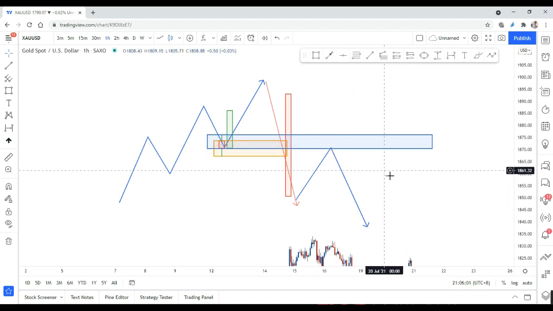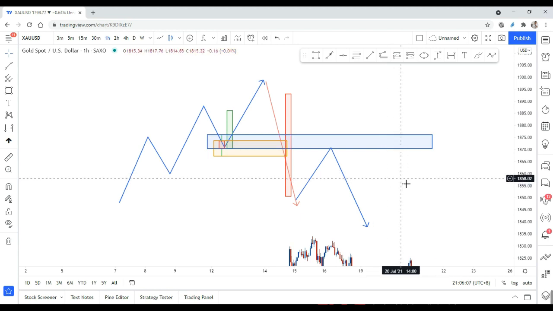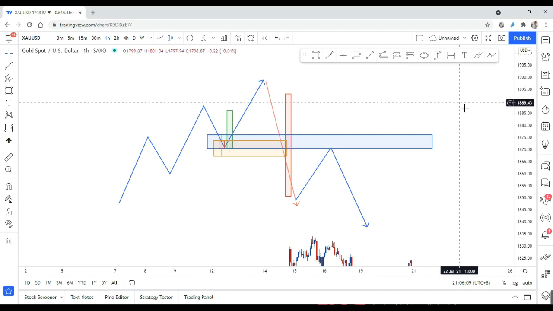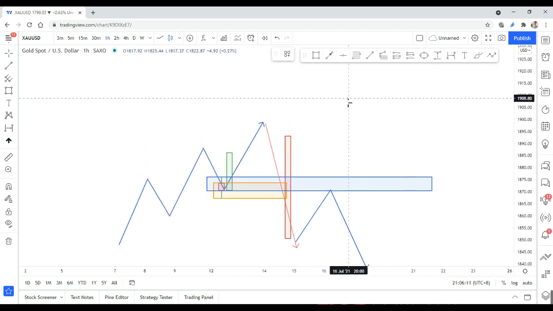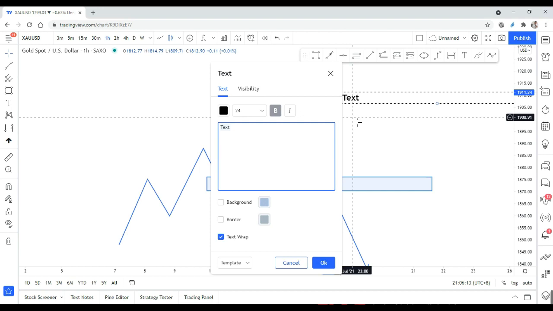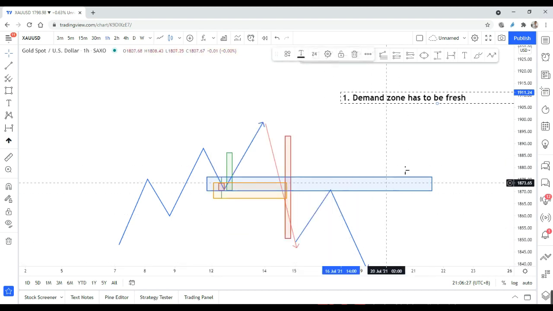Now I'm going to give you the rules. You have to follow the rules strictly. It's very, very simple, but the rules have to be followed. So the first thing, of course, is that the demand zone has to be fresh.